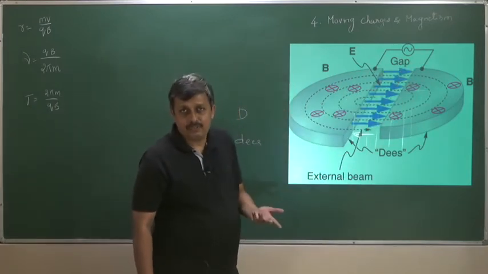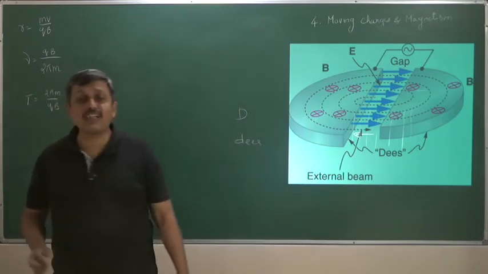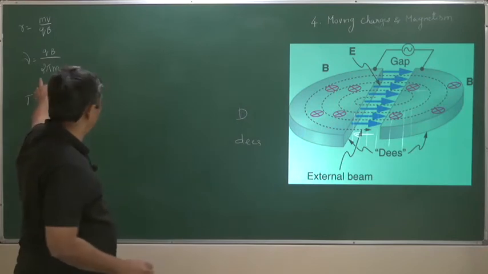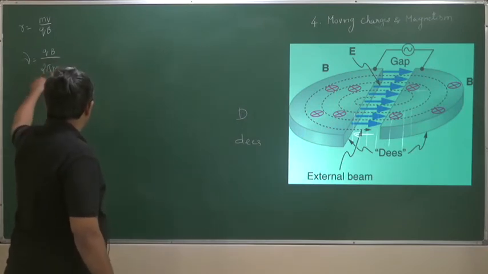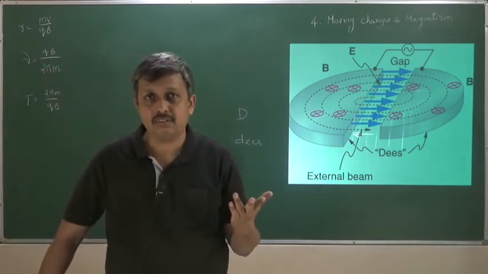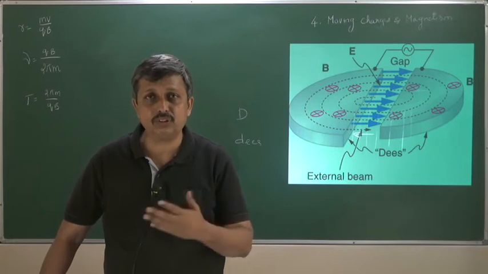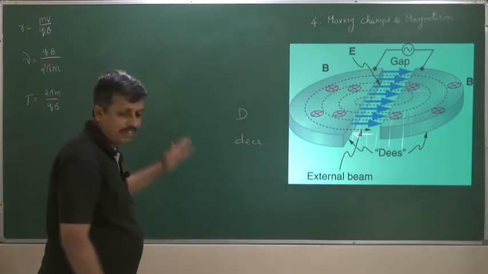The moment you calculate what we call the cyclotron frequency, by giving the value of B and all these things, once you know the frequency, it is constant. So nothing to change; the cyclotron frequency makes sure that it is fixed at that frequency.